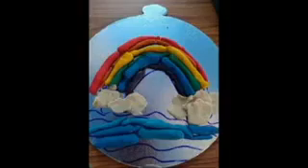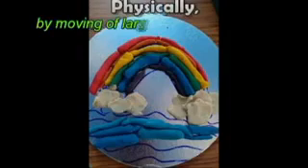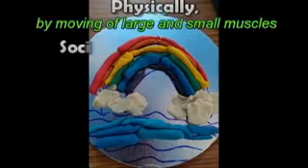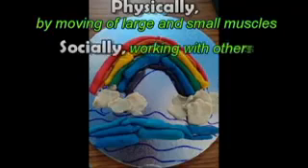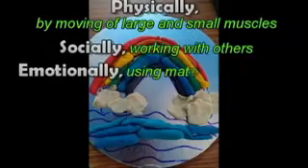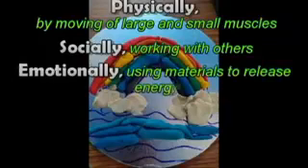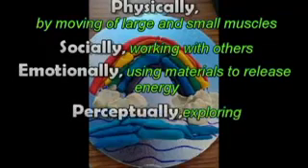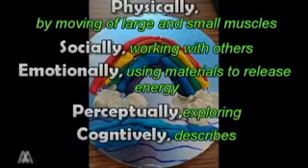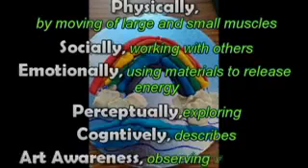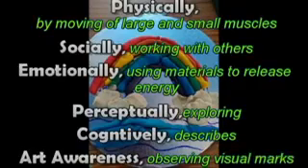Modeling activity helps children develop physically by using large muscles of arms and fine muscles of hands as they manipulate the modeling material. Socially, by working with other children and by sharing materials with them. Emotionally, by using modeling activities to release energy, tension, and emotion. Perceptually, by exploring three-dimensional materials from different angles and observing how materials can change.